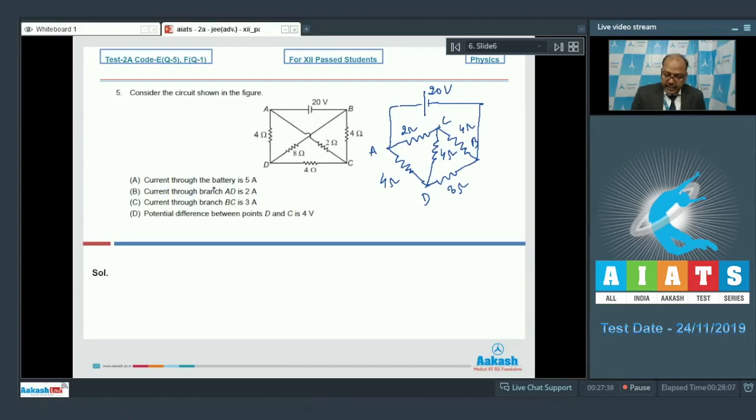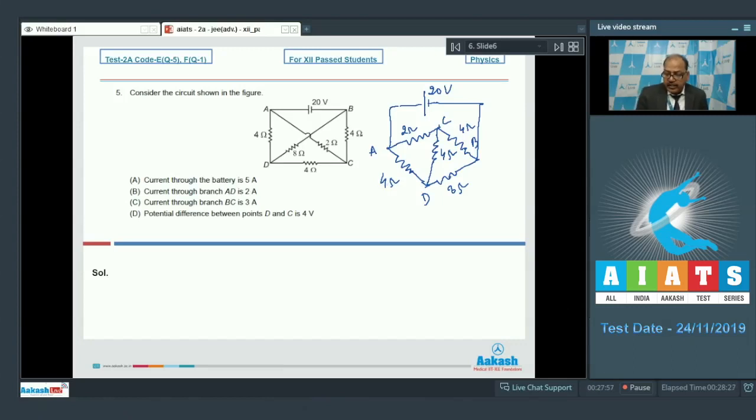To find the current through the battery, we need to find the effective resistance. We can ignore this 4 ohm resistance, which is forming the bridge between D and C. So we have 2 plus 4, 6 ohm, in parallel with 4 ohm and 8 ohm, that is 12 ohm.